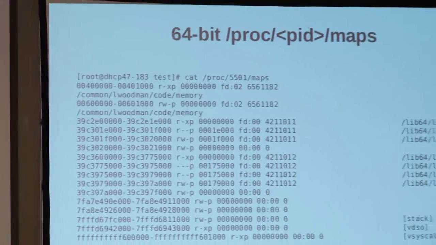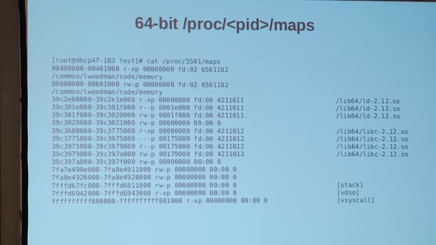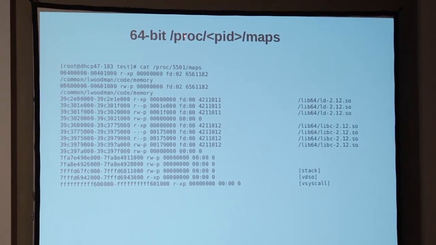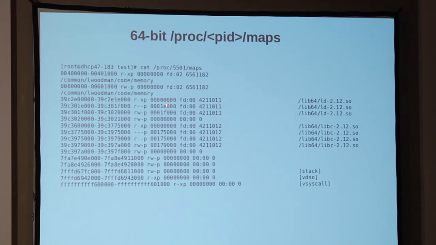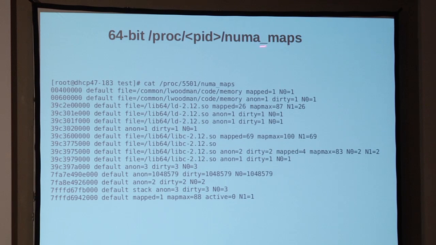In the proc file system, each process ID has an area, /proc/PID number, and in there you can see anything that's mapped in the address space. Something that's really valuable now, especially tuning a NUMA system, is what they call the numa_maps. You can go in and see different regions of virtual memory, how many pages are mapped in there, and which nodes they're coming from.